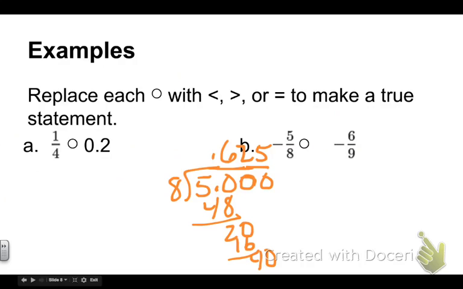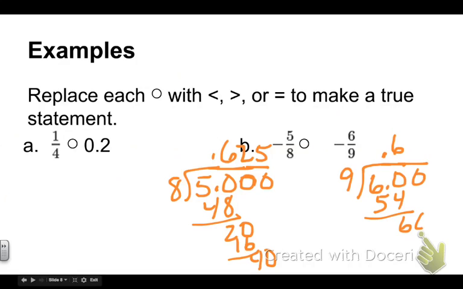And then 6 divided by 9. And then again, I'm seeing something repeat every single time. I'm going to get that remainder of 6.